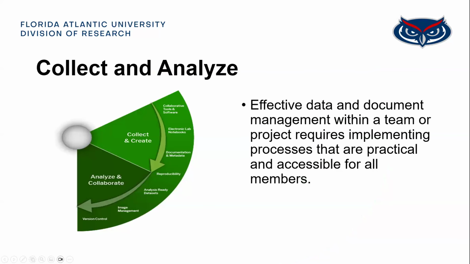So when we move to the collect and analyze, effective data and document management within a team or a project requires implementing processes that are practical and accessible for everyone. One of the first things we want to do before you even collect is get authorization before your collection.